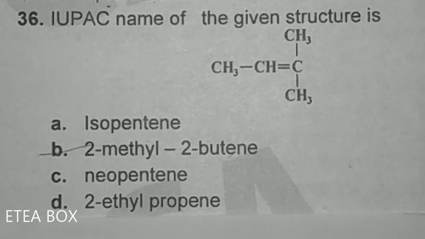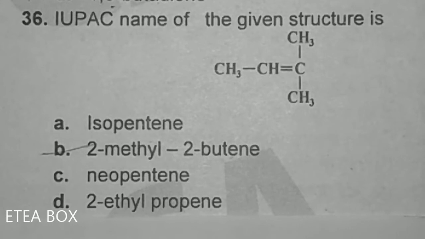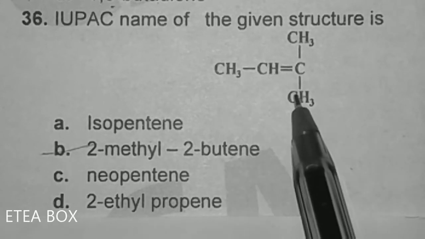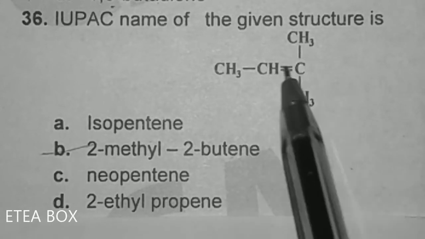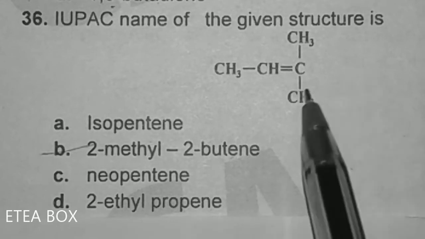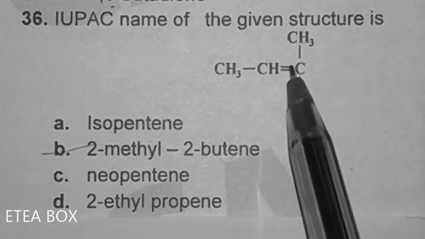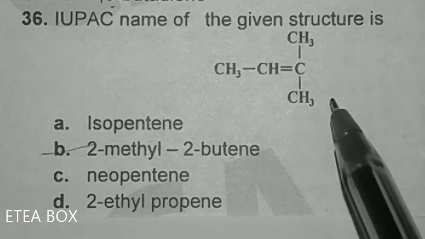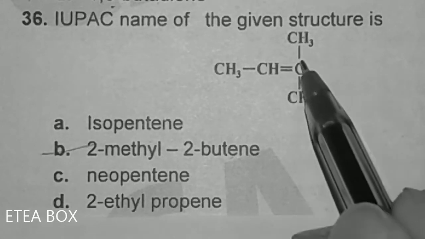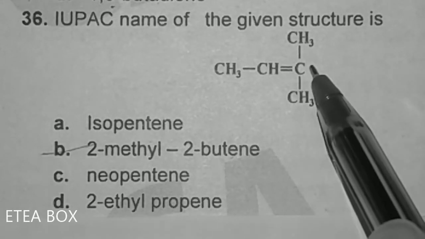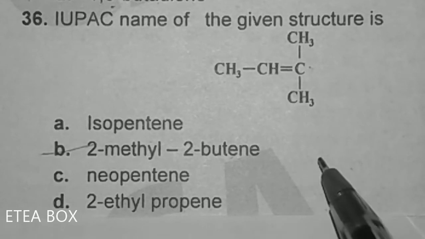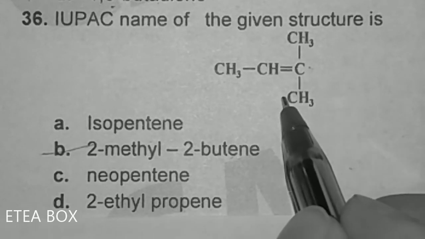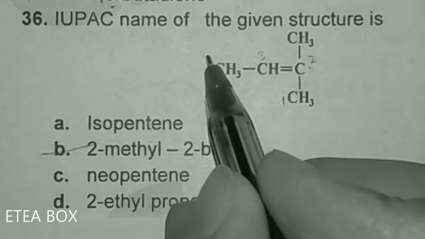The IUPAC name of the given structure is, now first of all select the longest chain. 1, 2, 3, 4. 1, 2, 3. So this one is the longest. Now look here, the double bond is present in between. But look here, on carbon number 2 the substituent is present. Now you have to give this carbon the lowest number, so you should start the numbering from here. 1, 2, 3 and 4.